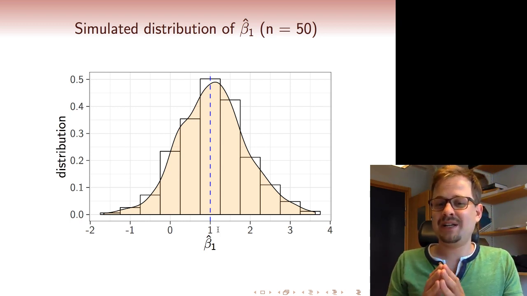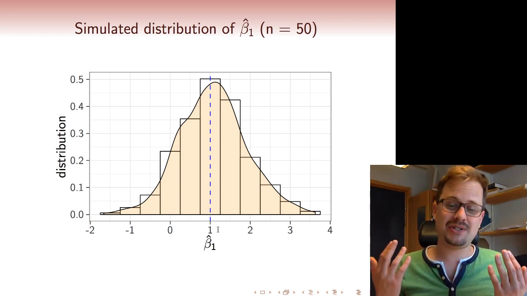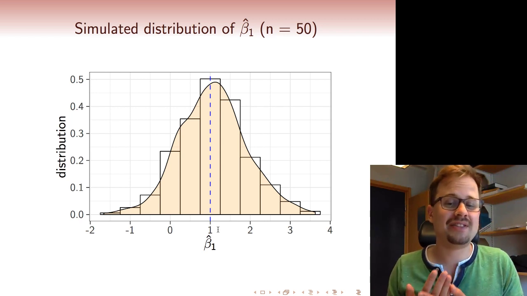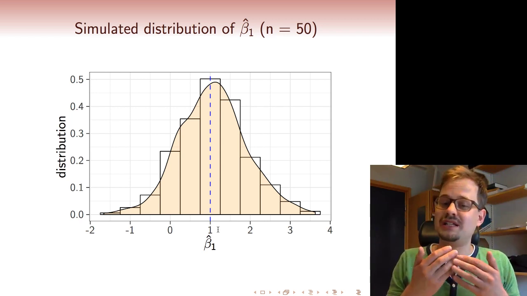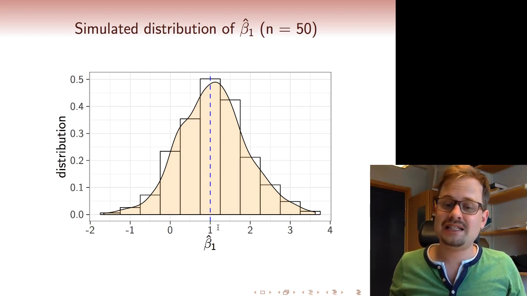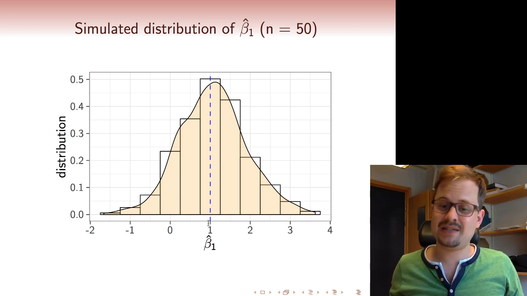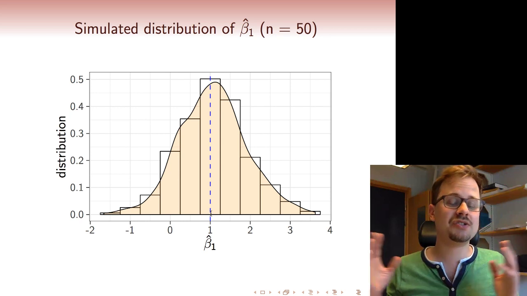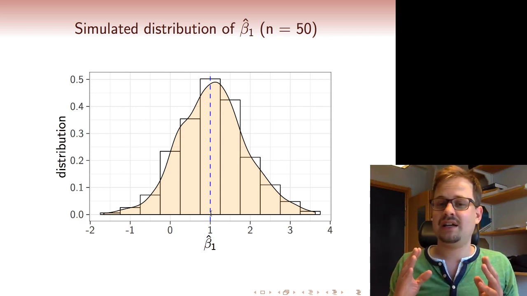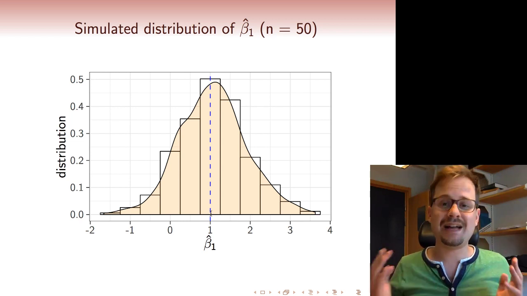Unsurprisingly, we're not always very close to 1, which is what we ideally want to have, but we knew from the start that that wasn't going to happen. So our distribution has positive variance, it is spread out. However, the distribution of Beta 1 hat is centered at 1, right? So 1 is directly at the center of the distribution. So at least the distribution of Beta 1 hat is concentrating around the true value. And that is actually a general property of the OLS estimator that is called unbiasedness.